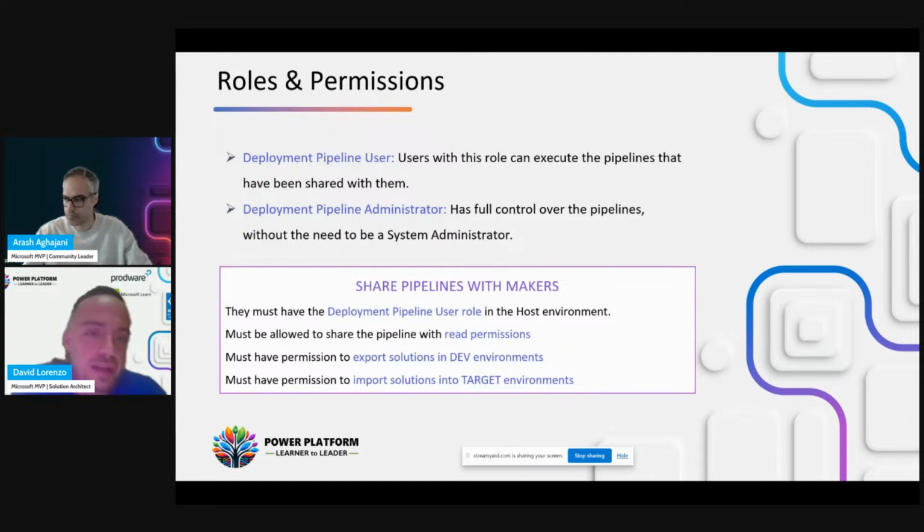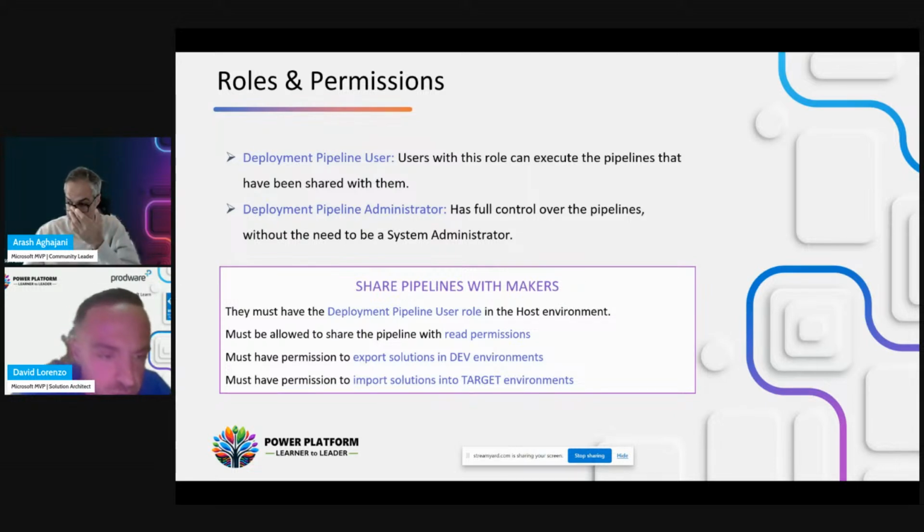And the deployment pipeline administrator has full control over the pipelines. It doesn't need to be a system administrator. So this is a secure way we can assign the user the permission to create and manage pipelines without the need to be a system administrator, with the risk that has.